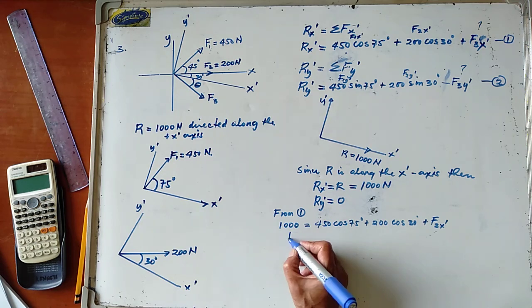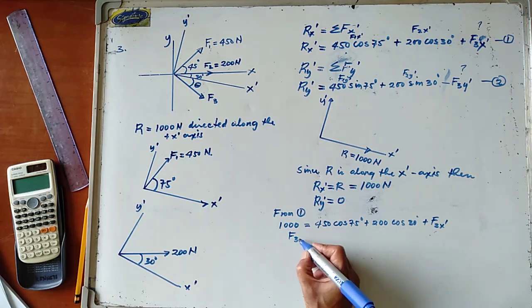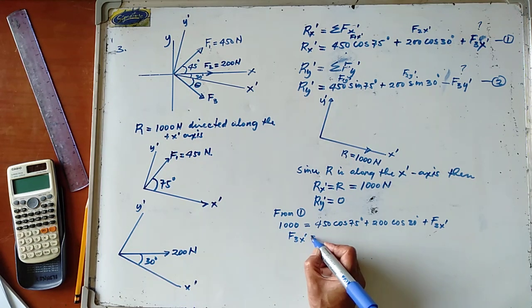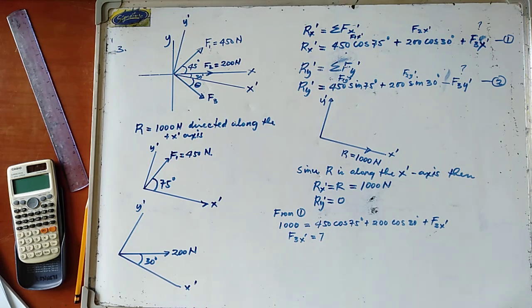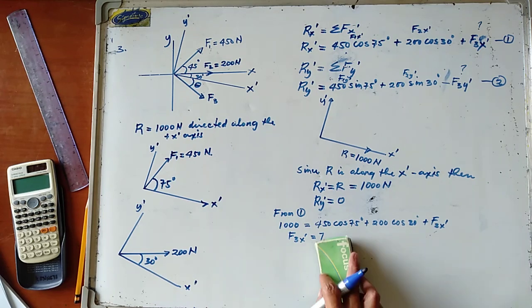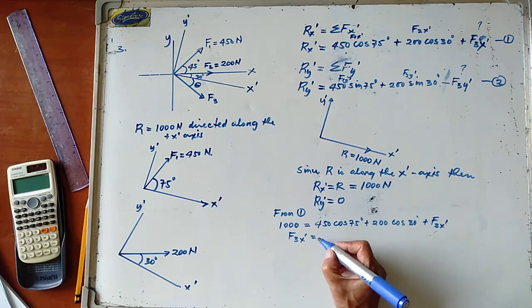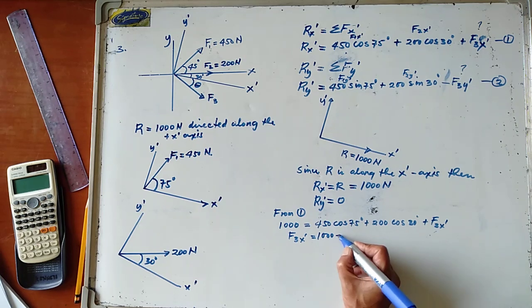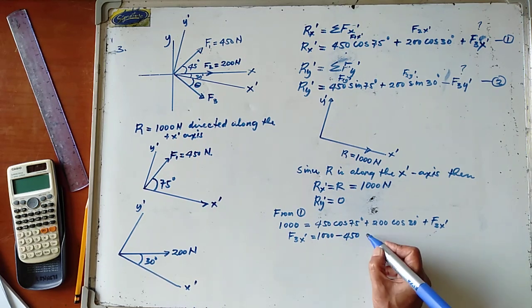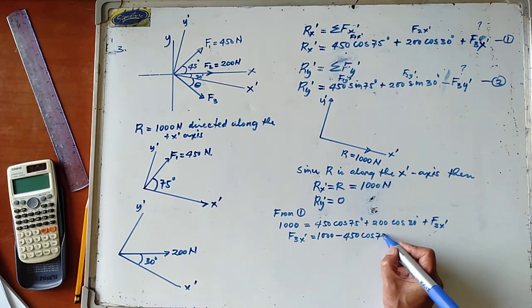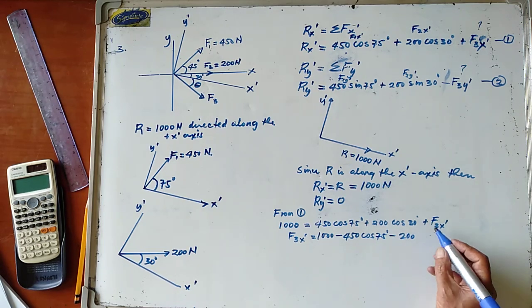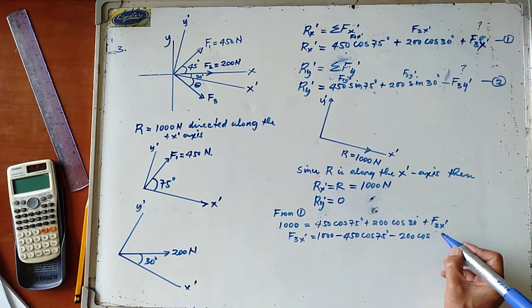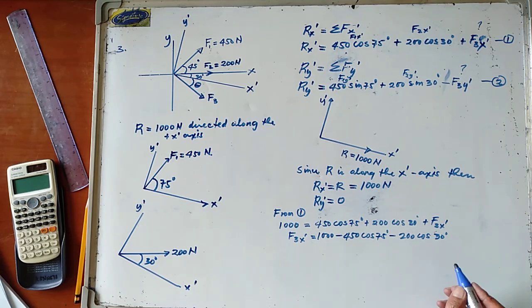So your F3x prime is equal to 1,000 minus 450 cosine of 75 degrees minus 200 cosine of 30 degrees.